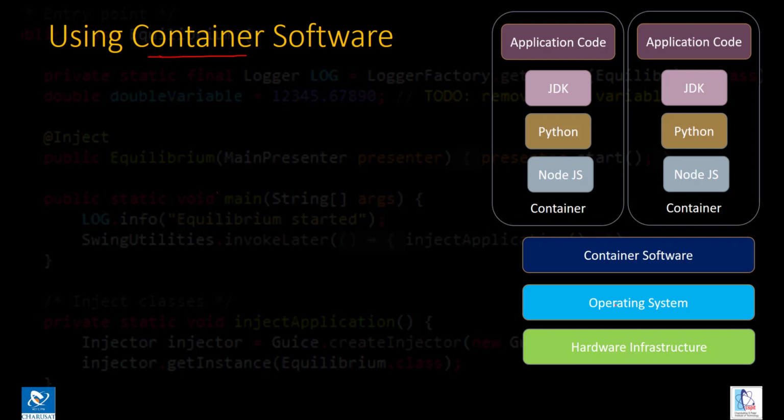Above the operating system you have one special piece of software known as the container software, which can run individual containers. A container is nothing but a small operating system, not a heavyweight one, which can have the application packages we require like Node.js, Python, and JDK installed, and we can also run the application code inside this container.